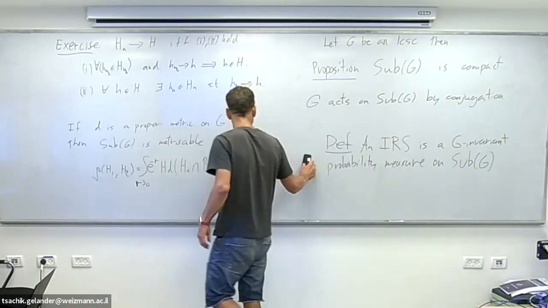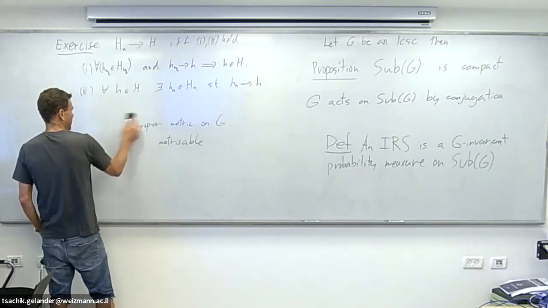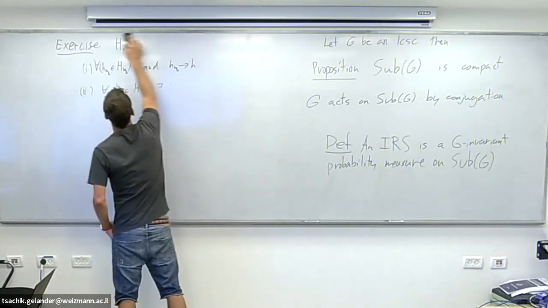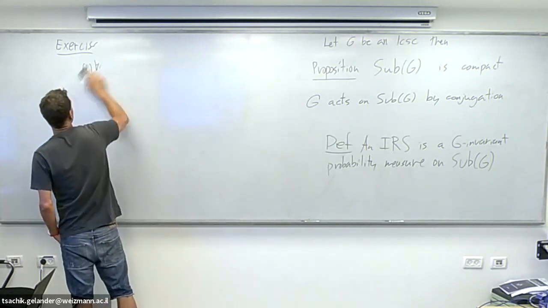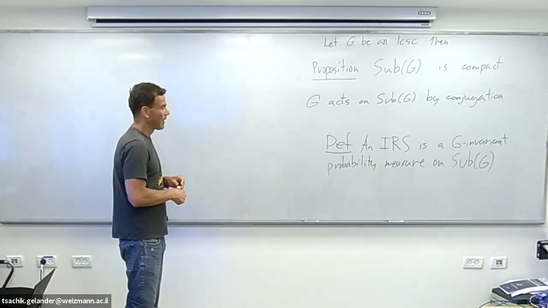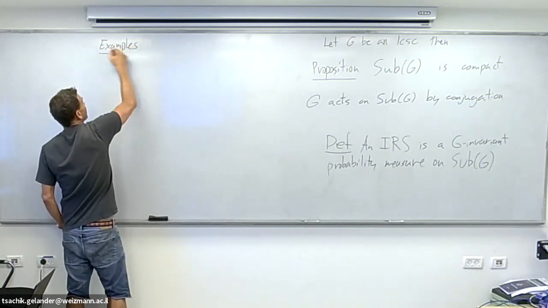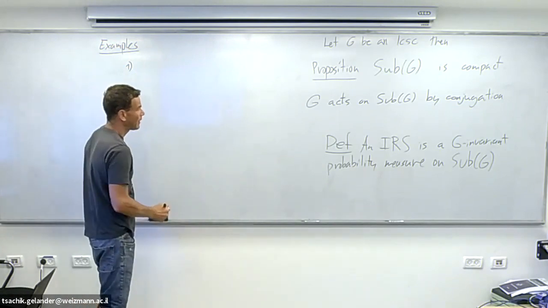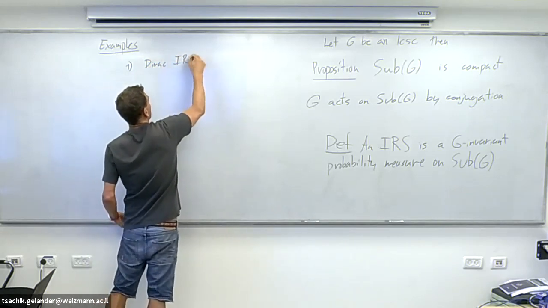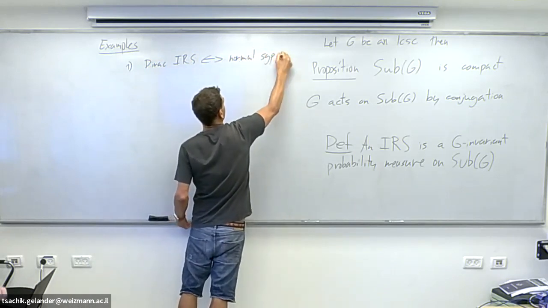Let's say the obvious example, the following: a Dirac IRS corresponds to a normal subgroup.